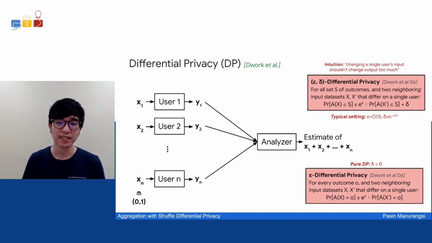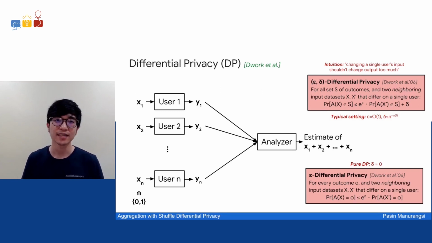As I said earlier, delta equals 0 is the so-called pure DP case, whereas the case where delta is greater than 0 is sometimes referred to as the approximate DP case. For now, if you haven't seen DP before, you can think of delta as the failure probability where your privacy leakage is greater than this e to the epsilon multiplicative factor.